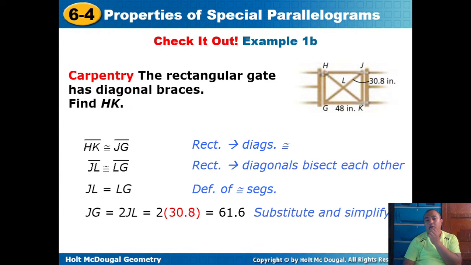Therefore HK is also 61.6, because diagonals of a rectangle are congruent. So LJ is 30.8 inches, that means JG is 61.6 inches. Therefore, HK is also 61.6 inches.